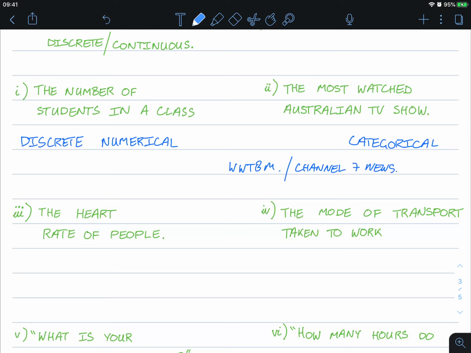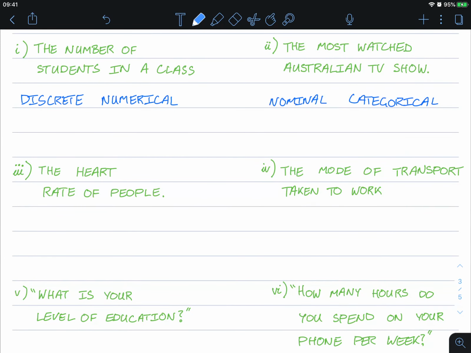There's no order in which we can put these because one is not greater than the other. So this can't be ordinal, which must mean that this is nominal categorical data.